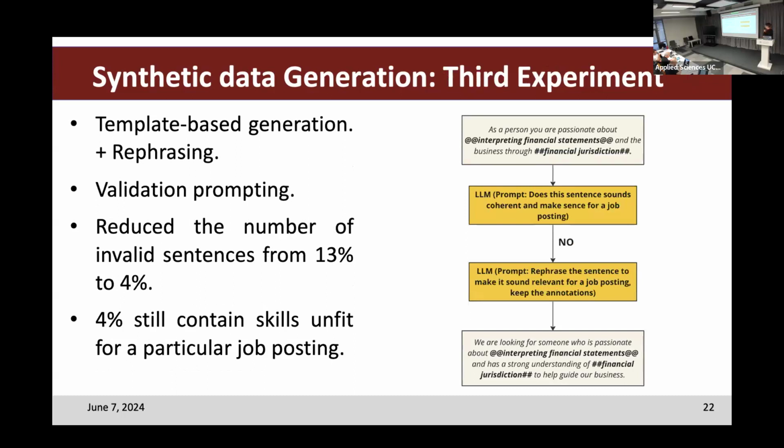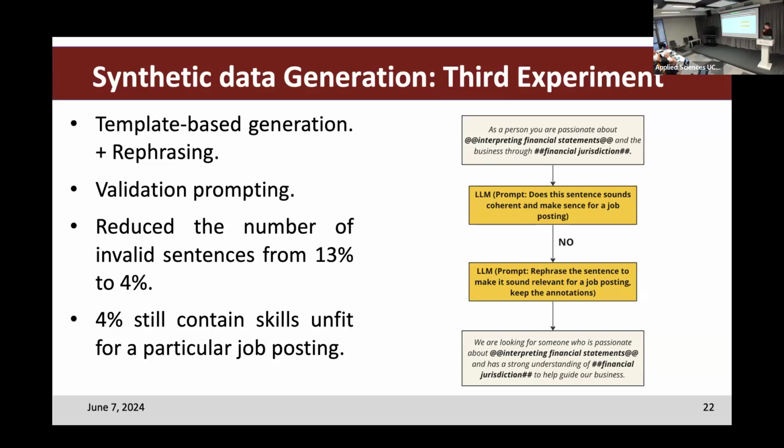And the third experiment is template-based generation plus rephrasing. What did we do? We got the results from the previous experiment, and asked the LLM if the sentence is coherent and makes sense for a job posting. The LLM, GPT-4, answered no in 13%. Then we asked it to rephrase it so that it's more relevant for a job posting, but keep the annotations.